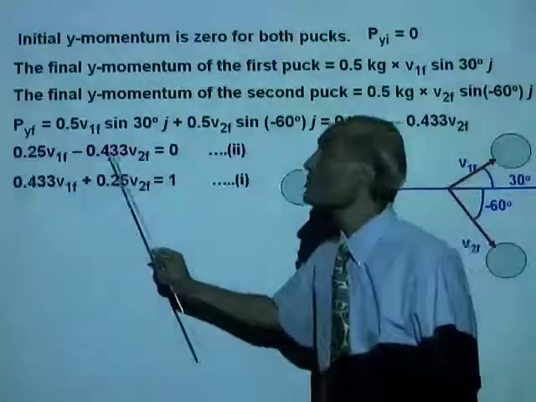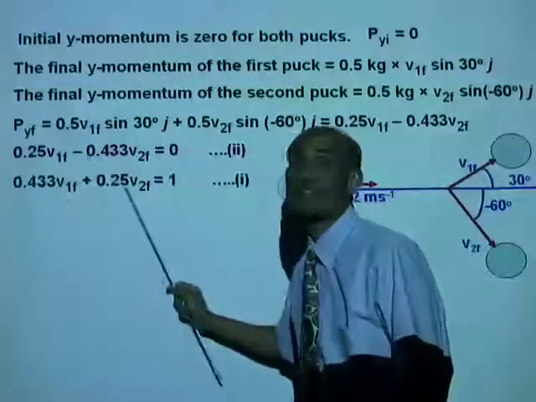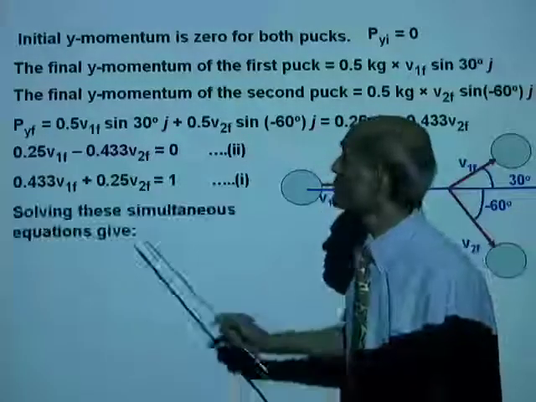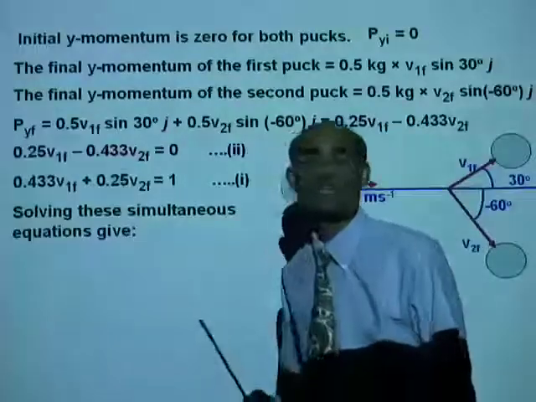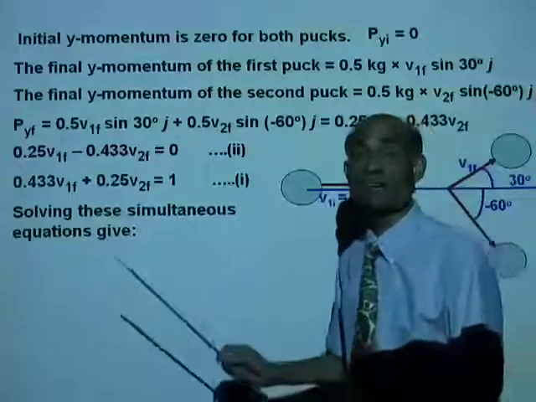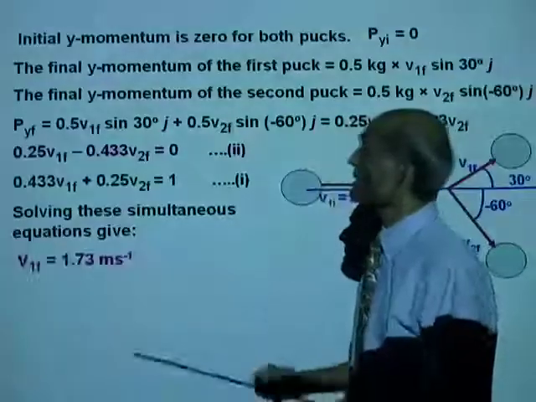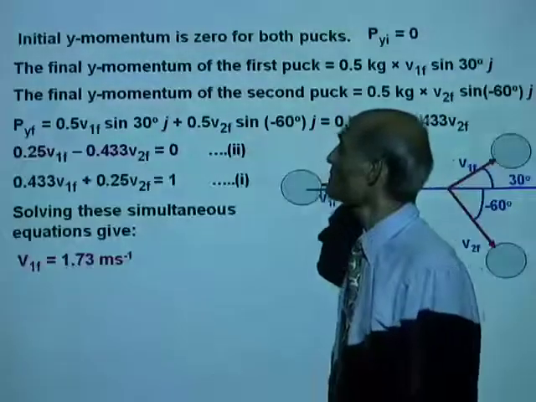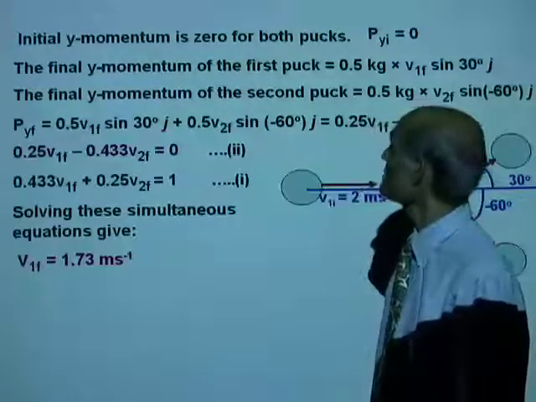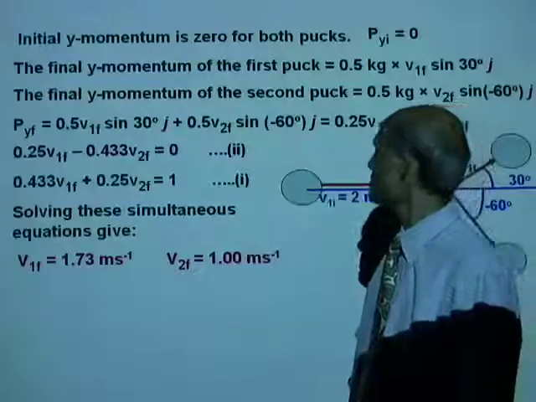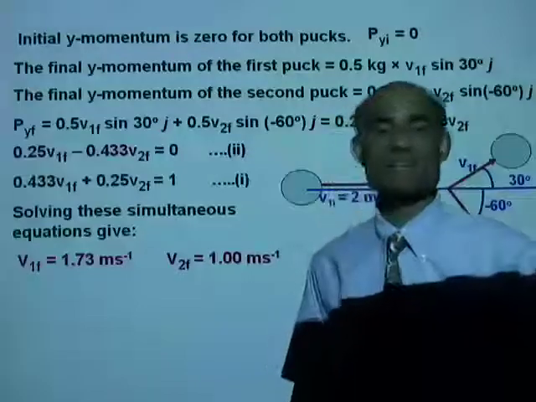And I have shown you how to solve equations like this on the calculator. So use the calculator, TI-83 or any other calculator, to solve this system of equations. It gives me V1F equal to 1.73 meters per second and V2F equal to 1 meter per second.